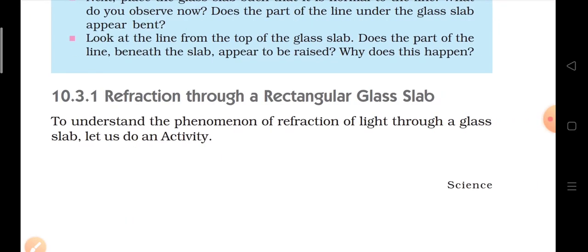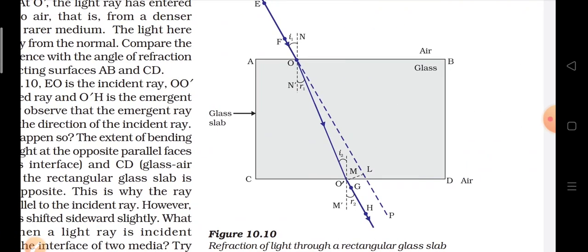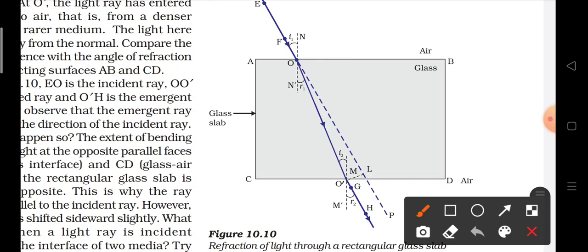So, refraction through a glass slab; first of all we will discuss this. Here we have a glass slab ABCD. In this glass slab, this is our incident ray coming from air, as written over here also, and here it is entering the glass and again coming back to the air.